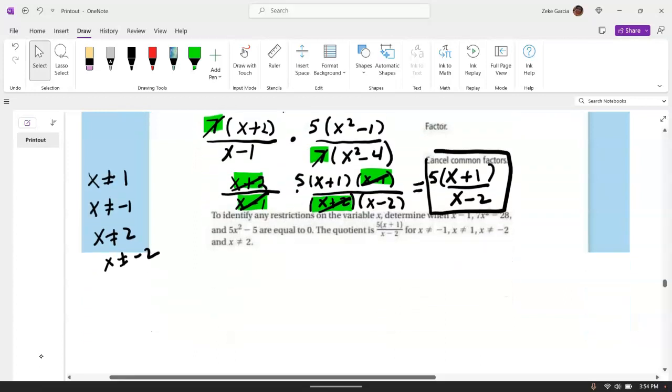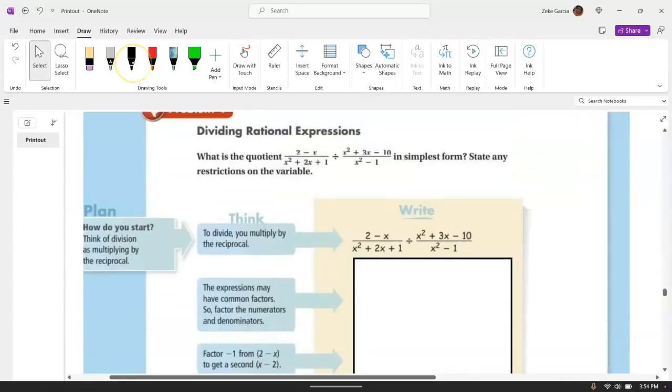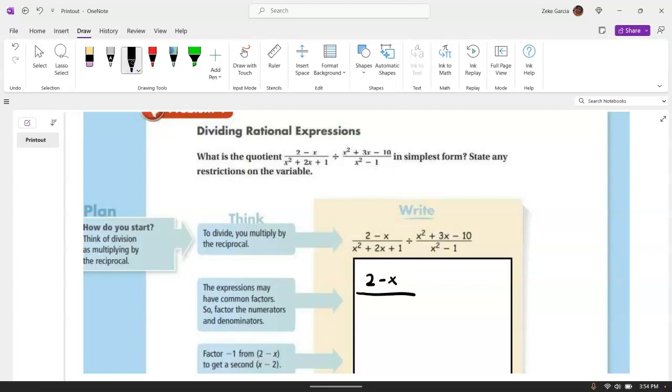We're going to go to example number 4. It says, what is the quotient of 2 minus x over x squared plus 2x plus 1 divided by x squared plus 3x minus 10 over x squared minus 1? So what I'm going to do is go ahead and factor already. We have 2 minus x.